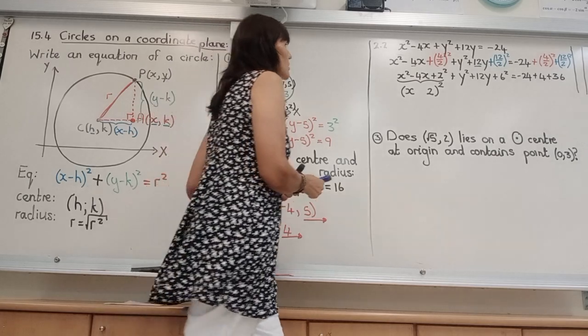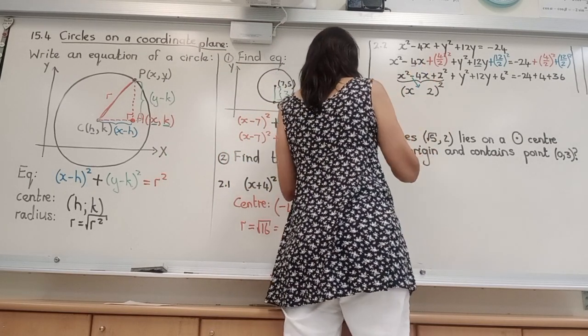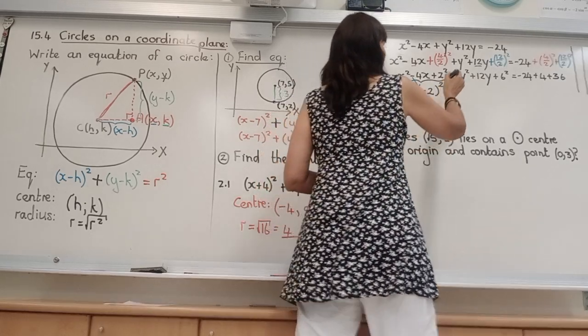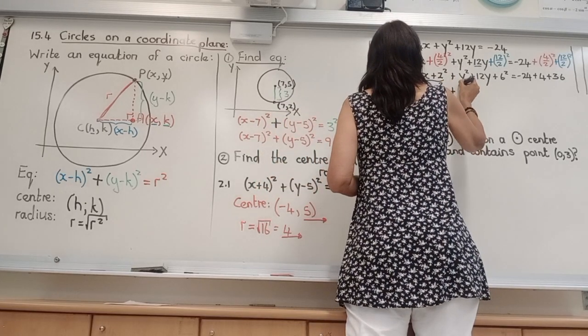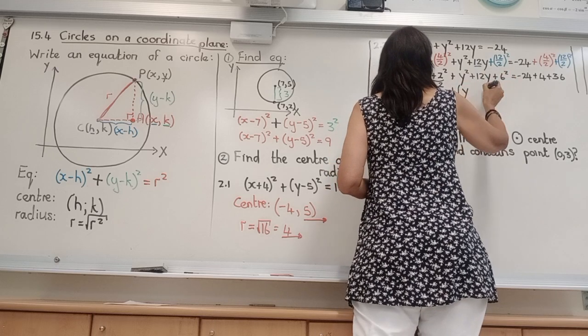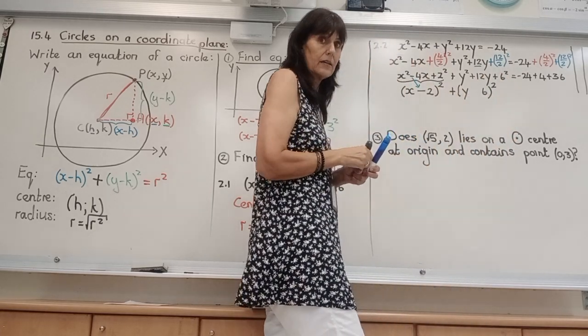And how do I know what sign? This left-hand side sign. Minus sign goes in my bracket. Keep the plus sign, the y without the square, the 6 without the square, put the square outside.